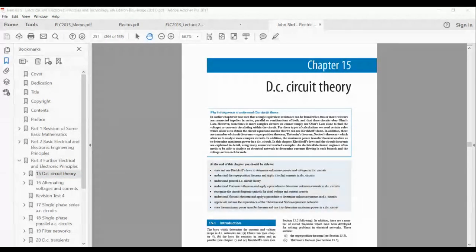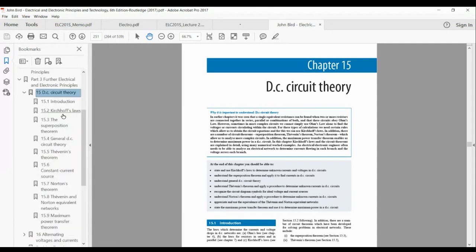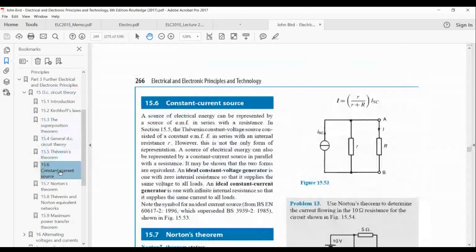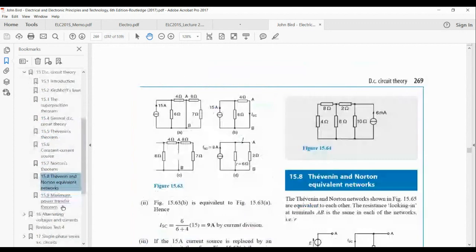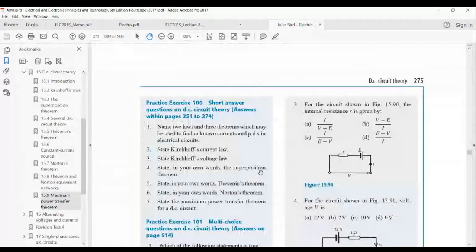Make sure if I open the subsections in the chapter, this is one of my favorite electrical technology books. Go to DC circuit theory to see all this. Kirchhoff's laws, superposition, Thevenin, constant current source, Norton's. There is a multitude of examples for you guys to do here.